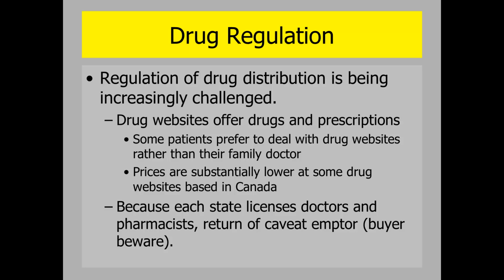So you can also go to Mexico or Canada and buy some drugs and bring them in and save money, because maybe the drugs are cheaper or a generic's been approved in those countries and it hasn't been approved in our country. Or you could buy a drug that's not even approved in our country, but maybe it's approved in Europe, and then you'd go to Canada or Mexico and buy that drug and bring it back in.